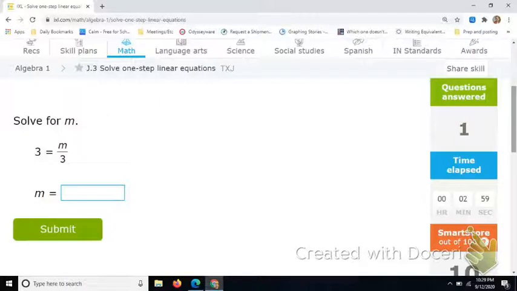So we want to get rid of this 3 that's in the denominator. Since it indicates division, I'm going to multiply. And whatever I do to one side of the equation, I have to do to the other. So then 3 times 3, so 9 is equal to m. That's the same thing as m is equal to 9.